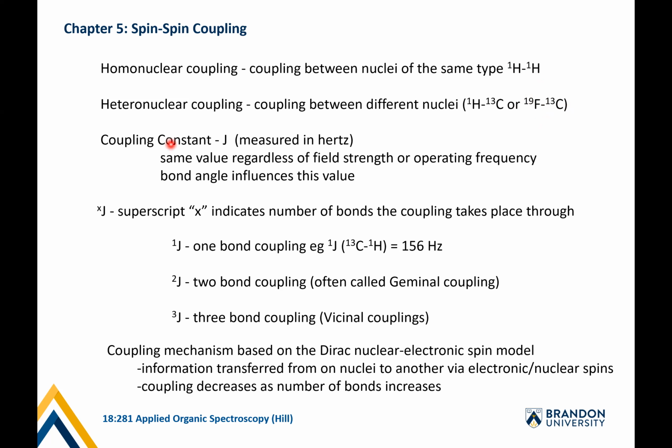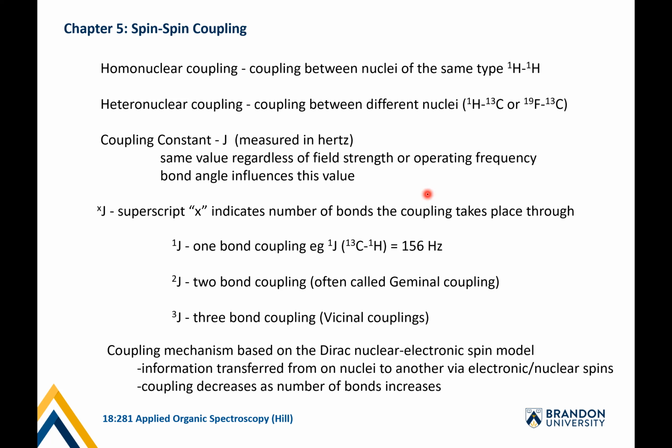Okay, so the coupling constant, little j, we know that this is measured in hertz, and it is the same value regardless of the NMR's field strength or operating frequency.